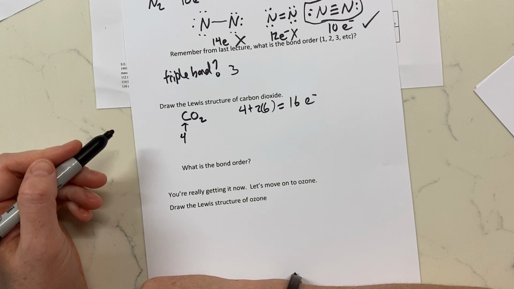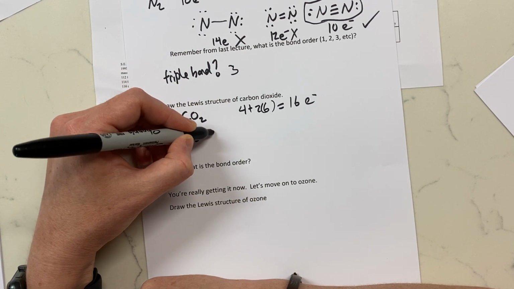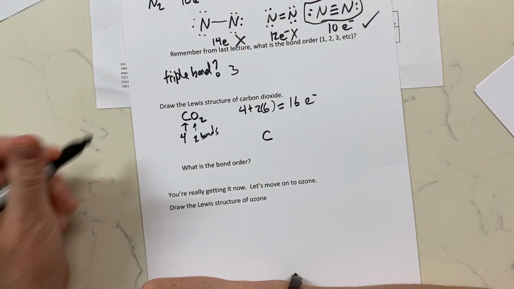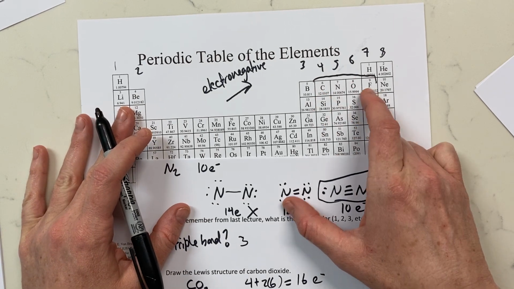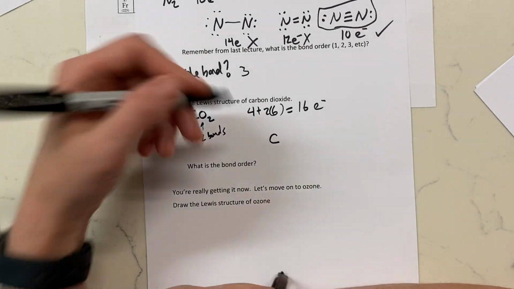Carbon likes 4 bonds, if you remember, and each oxygen wants 2 bonds. So we put carbon in the middle. It's the least electronegative, is the farthest away from fluorine. And then we add oxygen.